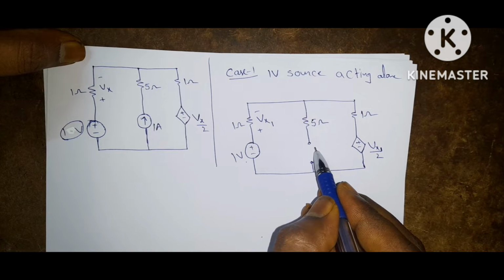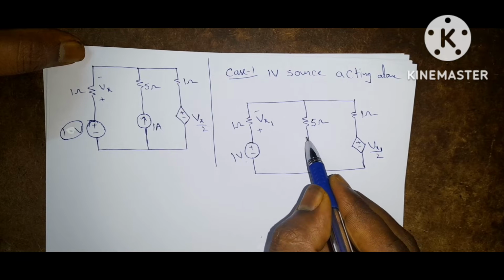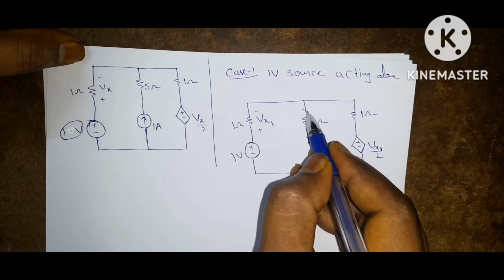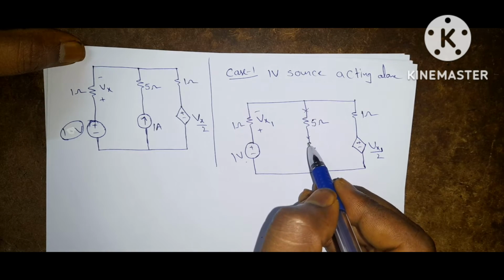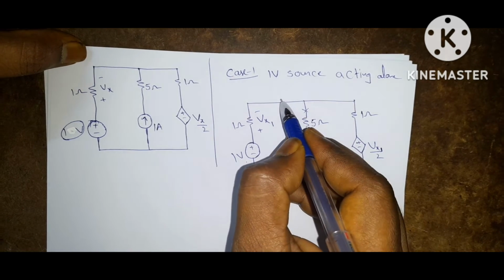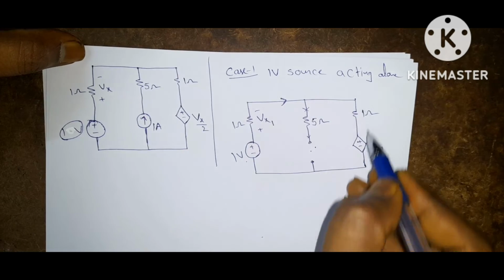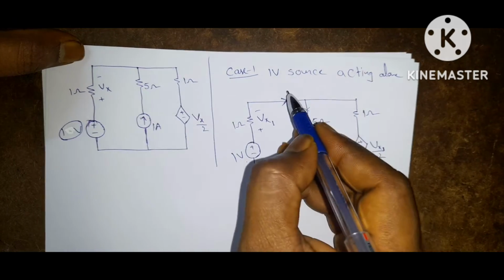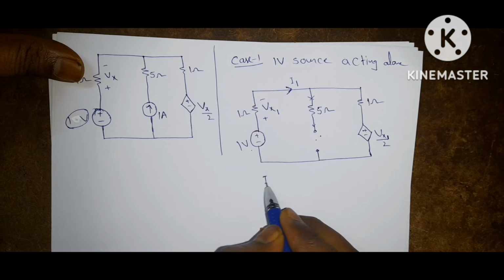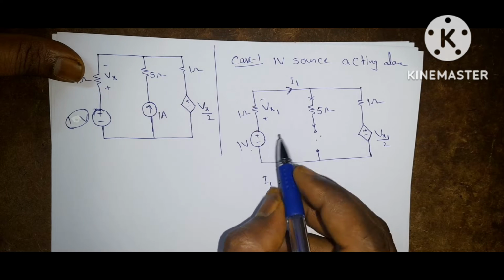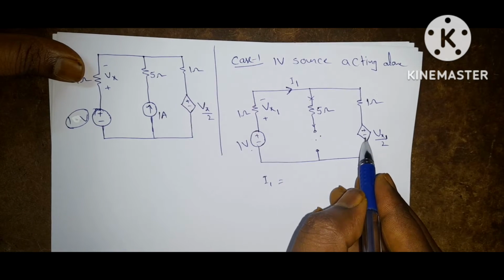This is open circuit. If it is open circuit, the current flowing through this branch is 0. So we can exclude this 5 ohm resistor because there is no current flowing through it. Now, we have only one loop, let the current be I1. So what is I1? What are the sources? This is one source, this is another source.